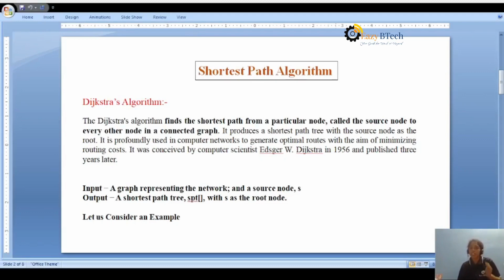Here I am taking one graph to find the shortest distance from one node to another node. For that I establish a shortest path from source to destination to deliver our packet in between these nodes. So let us take one graph.